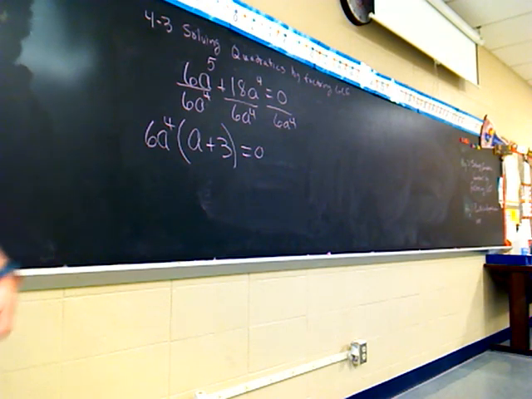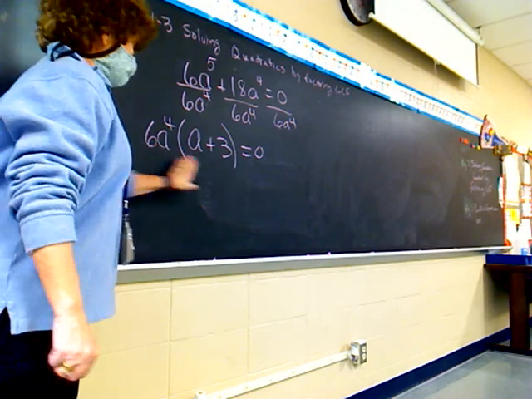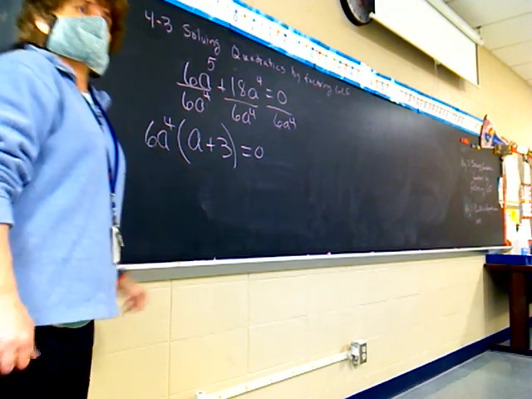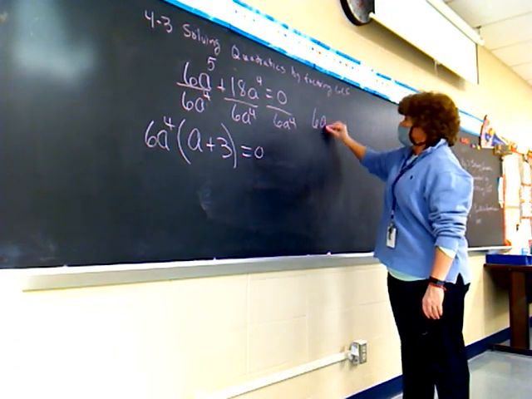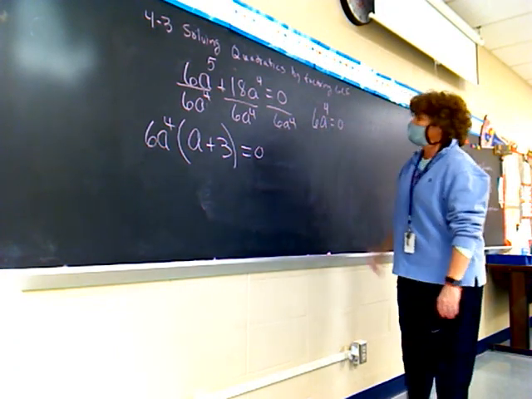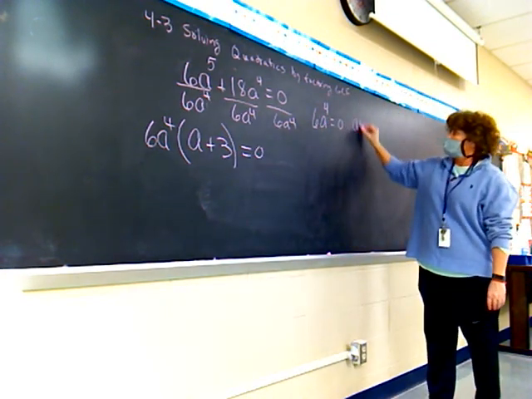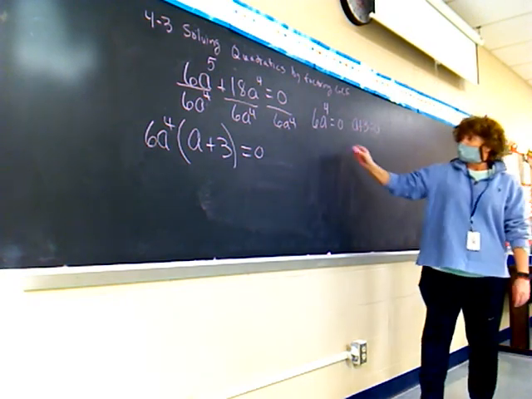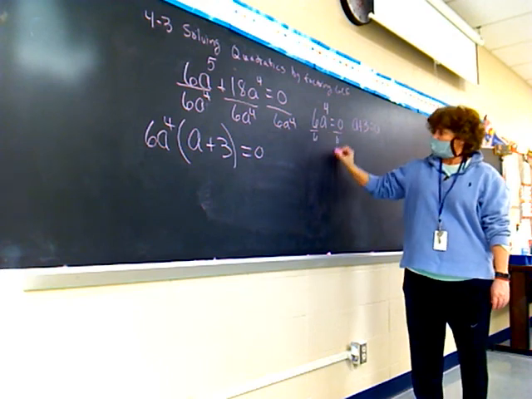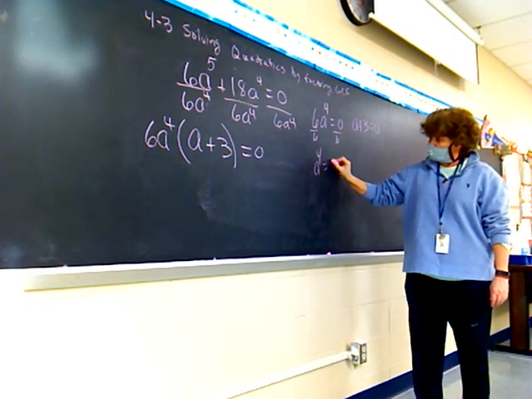So then in this step, set each one of those terms equal to 0. There's two terms here, term 1, term 2. Set them equal to 0 and solve. So I'm going to do 6a to the 4th equals 0, and a plus 3 equals 0. Here, I'll divide by 6 first, and I'm going to get a to the 4th equals 0.